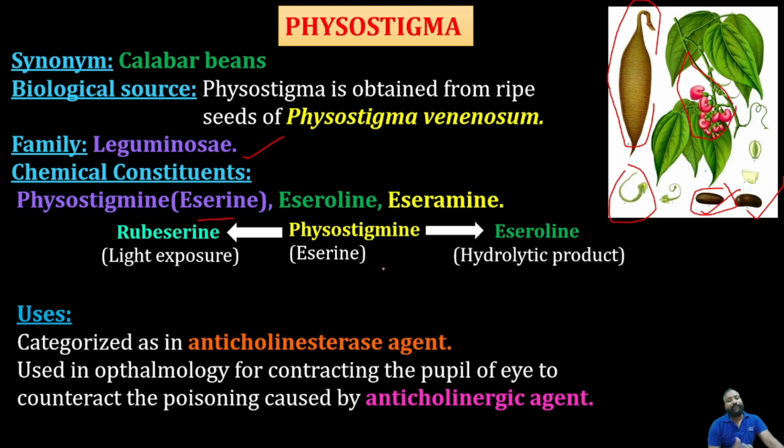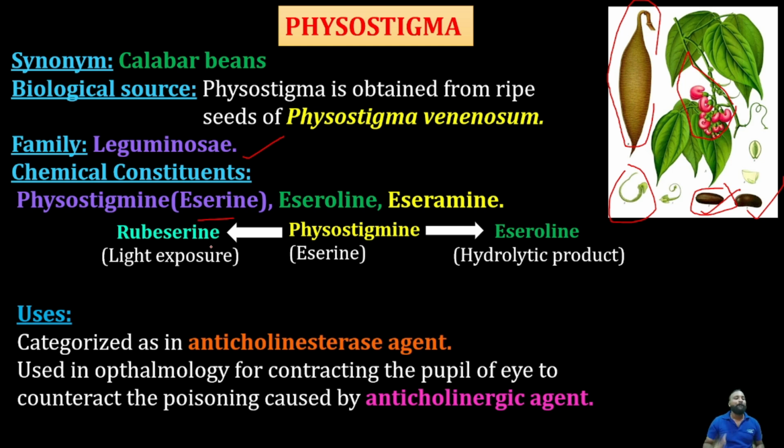From this physostigmine, that is eserine, we can get two other products. By hydrolysis, we can get eseroline, and because of light exposure, we can get rubreserine. Okay, rubreserine.